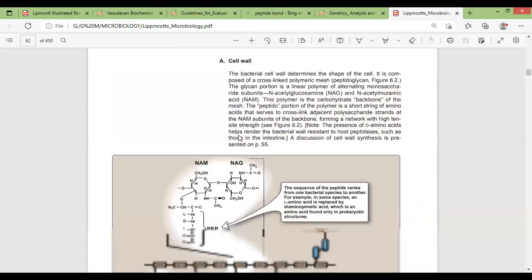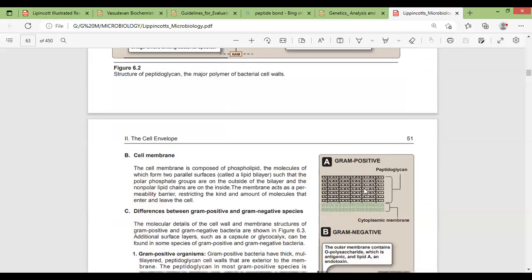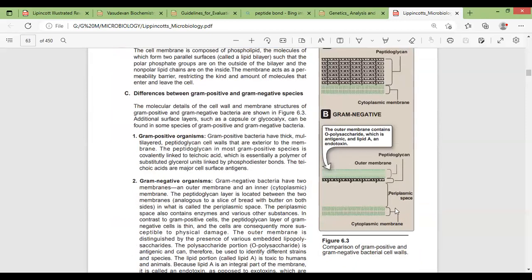Because when we come to gram-negative organisms, number one, they have an outer membrane. Then we have the peptidoglycan layer, then the periplasmic space, after which we have the cytoplasmic membrane. Now, a question that is asked is, why are gram-negative a bit more resistant to infections than gram-positive?